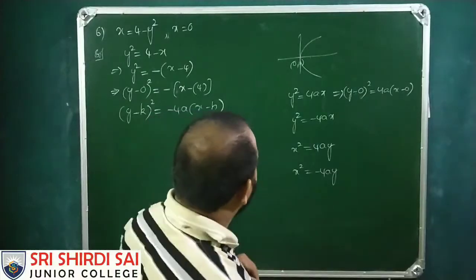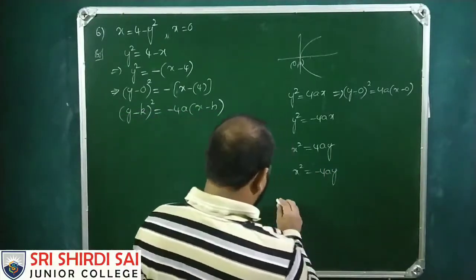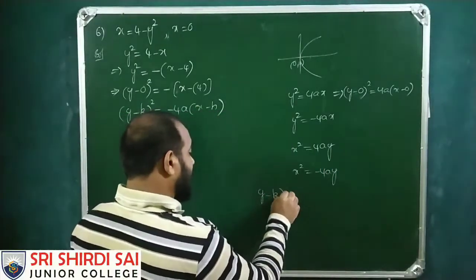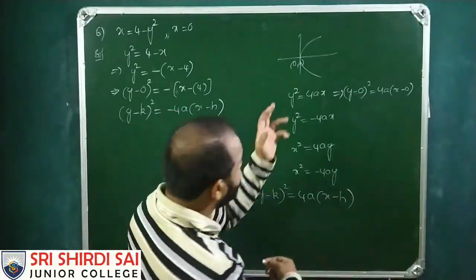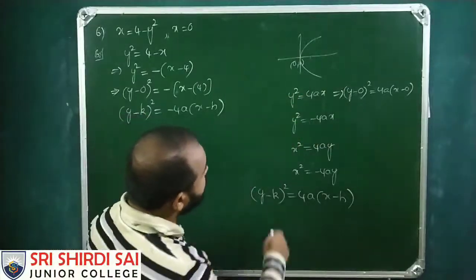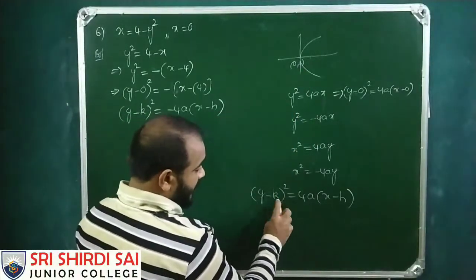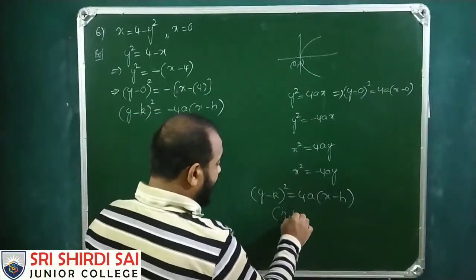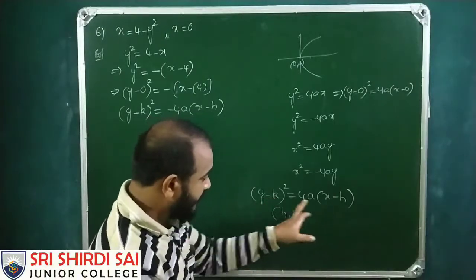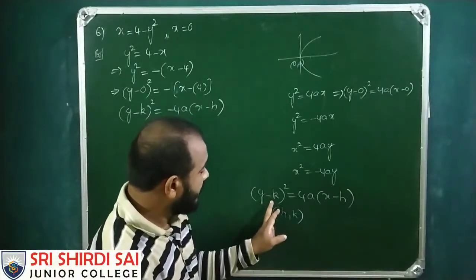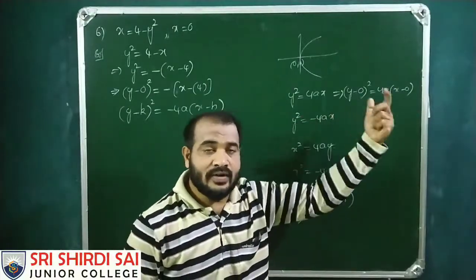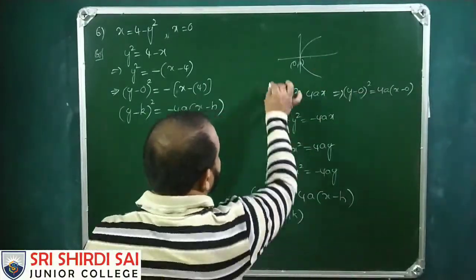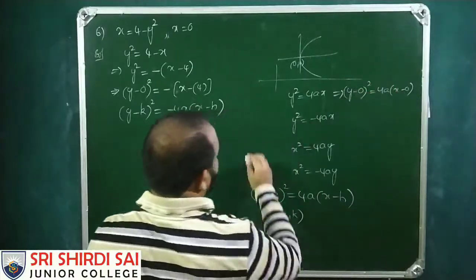But y minus k whole square equals 4a into x minus h is also the same kind of parabola, but with shifting of origin. Here the vertex is h comma k. In the place of k and h, you may notice 0 0 earlier. Therefore its vertex was at the origin, but here the shifting of origin has happened.